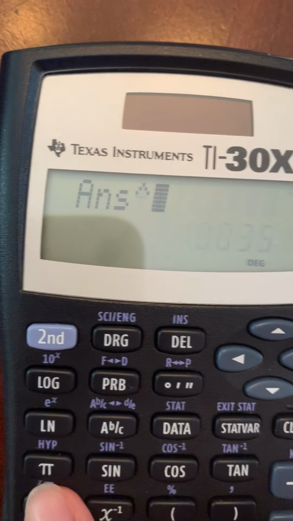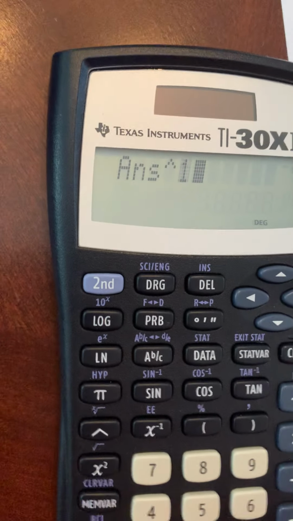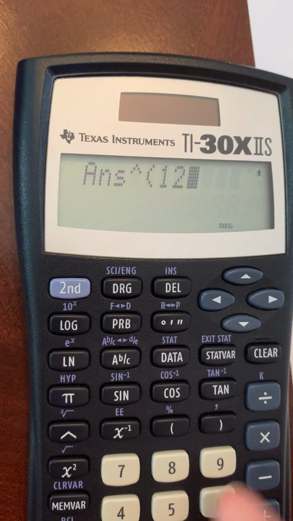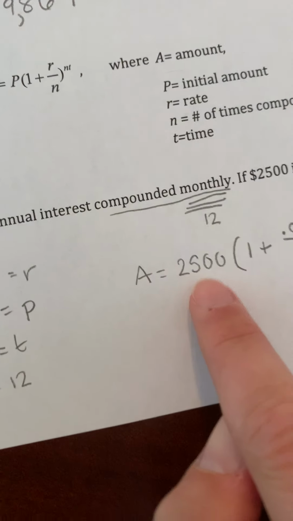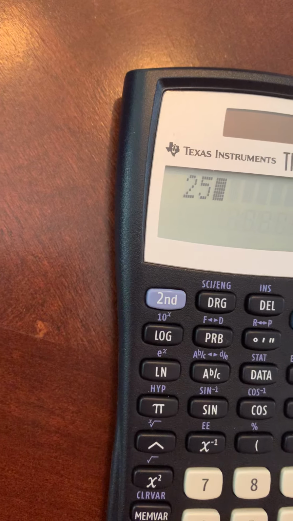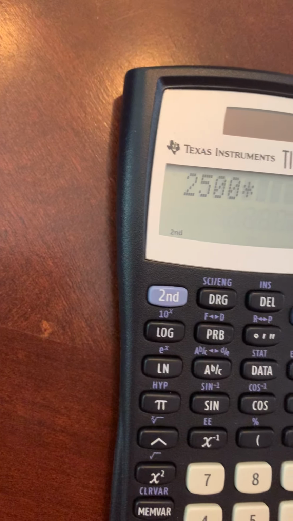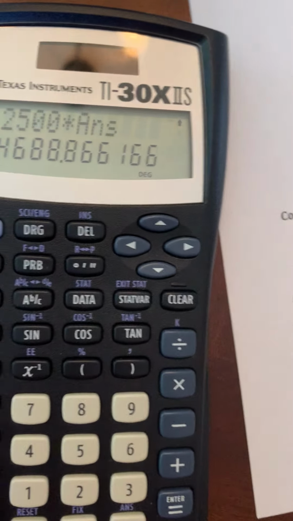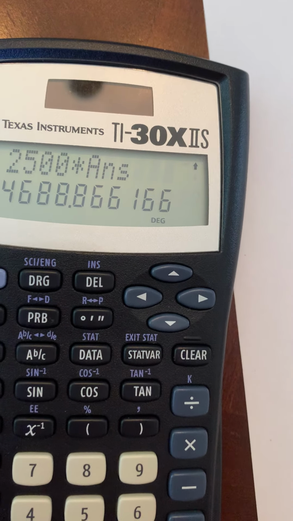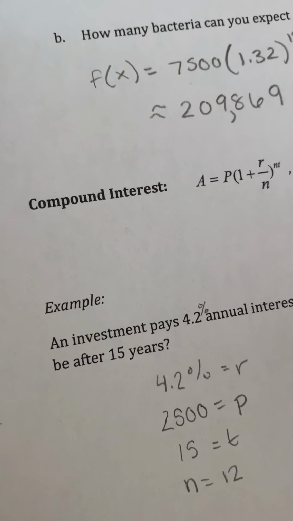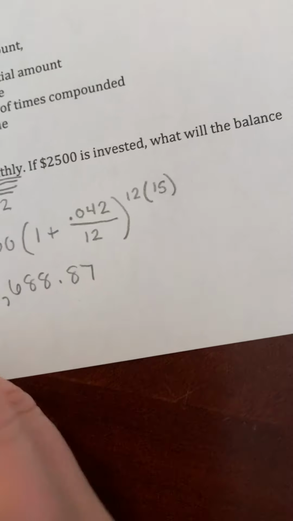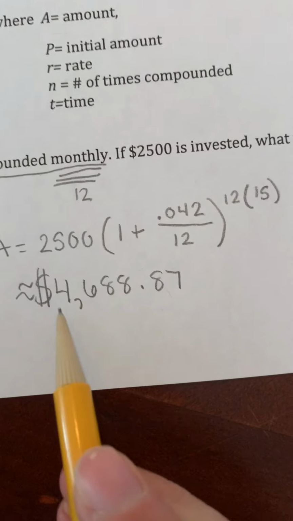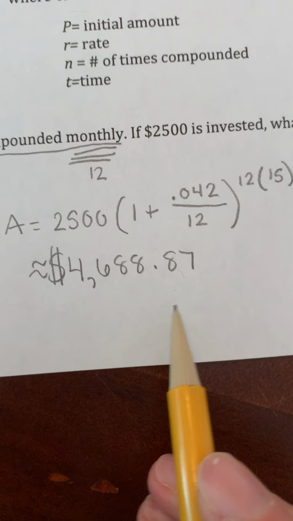I'm going to raise that to 12 times 15. And then I'm going to take that answer and multiply it by my initial amount. And we get $4,688 and approximately 87 cents. Okay, so in 15 years, that's how much your account will grow.